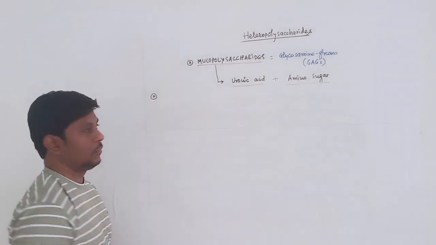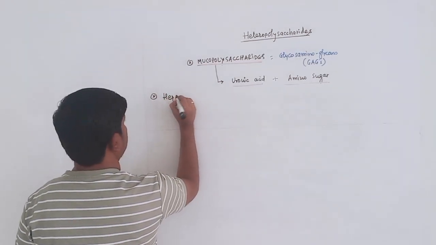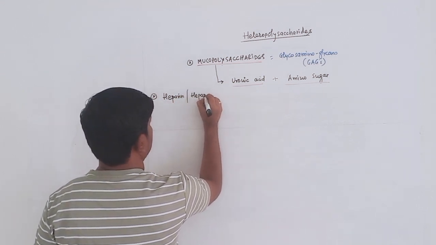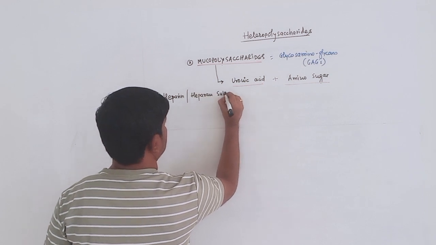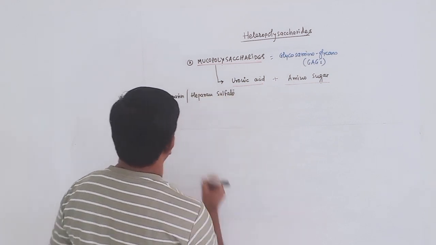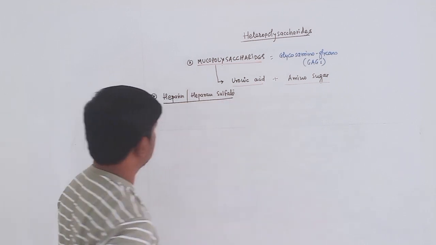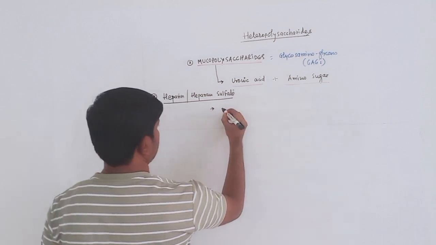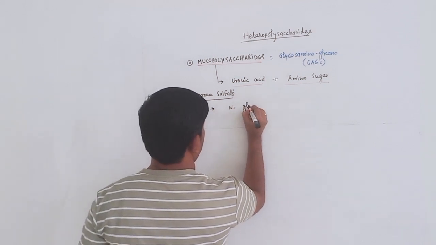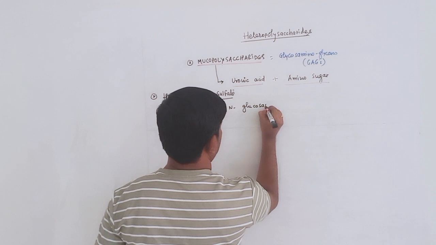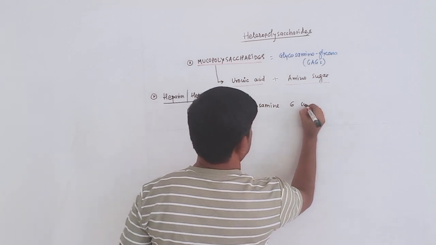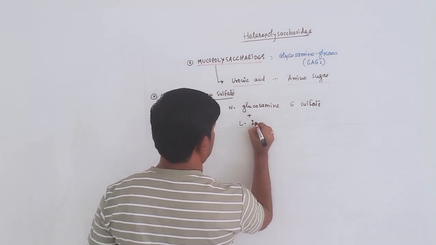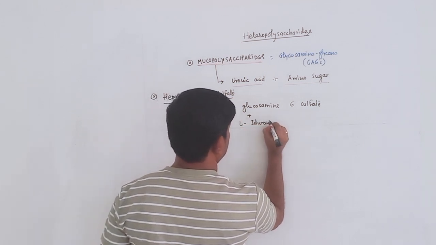Okay. Next one we are going to see is heparan sulfate. Heparan sulfate consists of N-glucosamine 6 sulfate with L-hyaluronic acid.